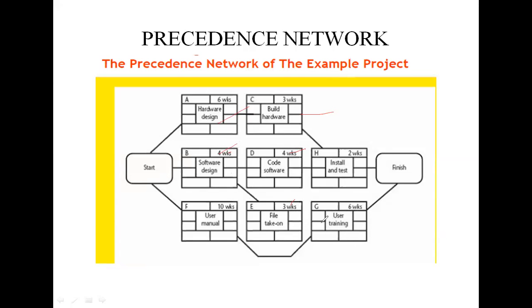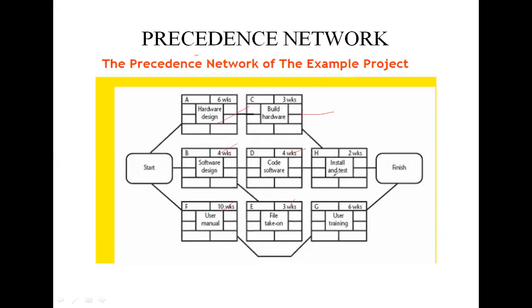So only when E and F are completed do we move to G. It cannot start until week 10, the latter of week 7, that is activity E, 4 plus 3, 7, and 10 for activity F. So it takes 3 weeks and finishes in week 13.